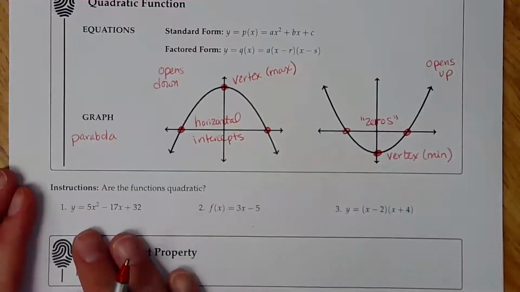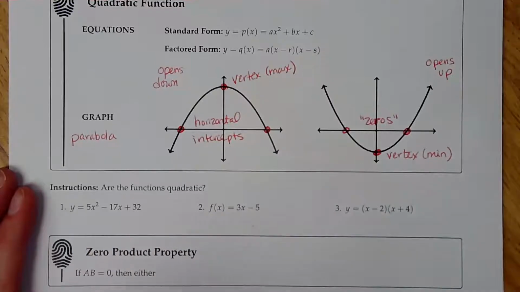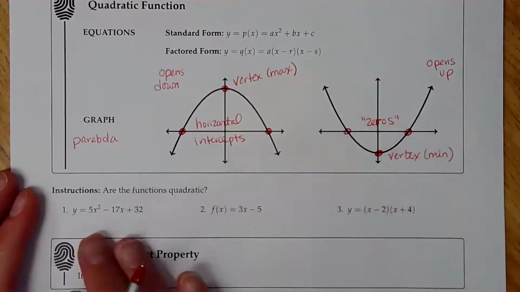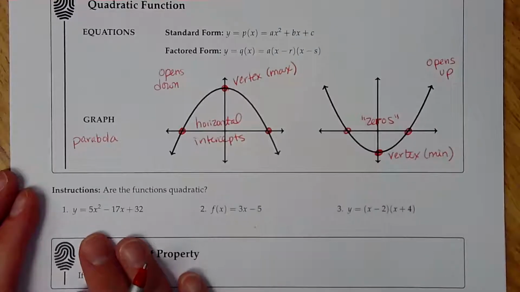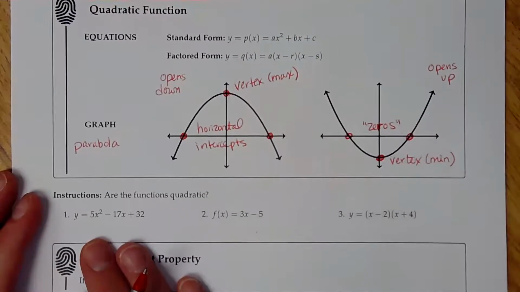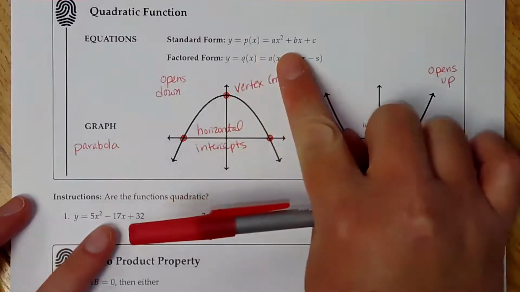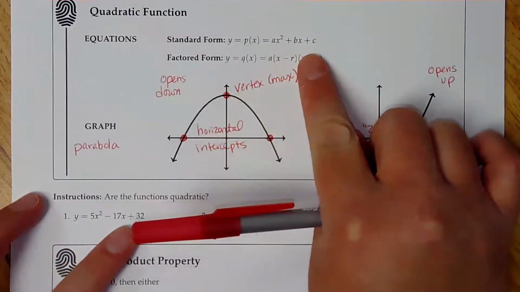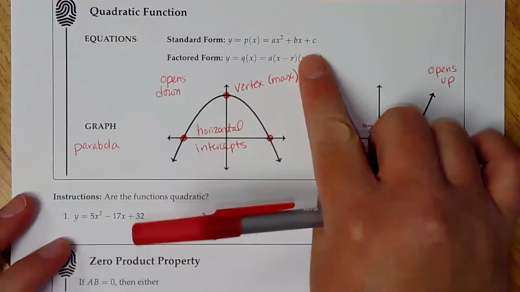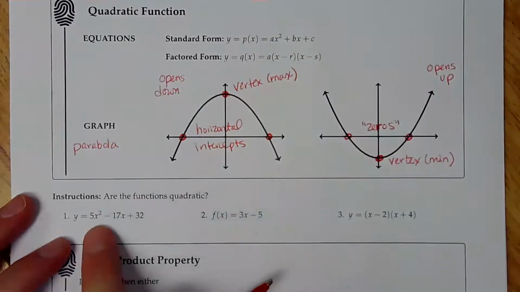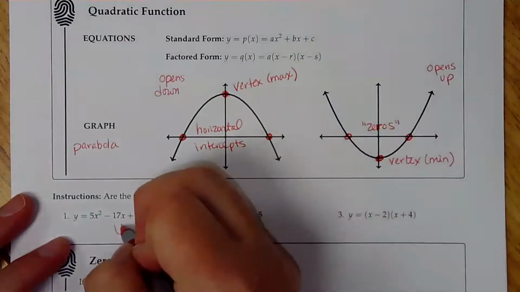So let's see if we have a good understanding of when things are quadratic. So y is equal to 5x squared minus 17x plus 32. So looks like I have my a is 5, my b is a negative 17, and my c is a plus 32. And x squared is my biggest power here, so this one, yes, is quadratic.